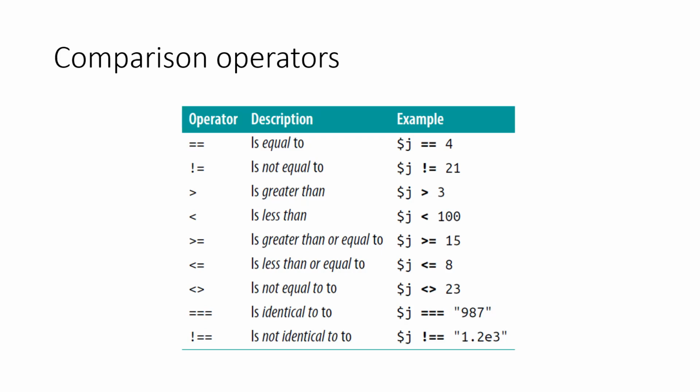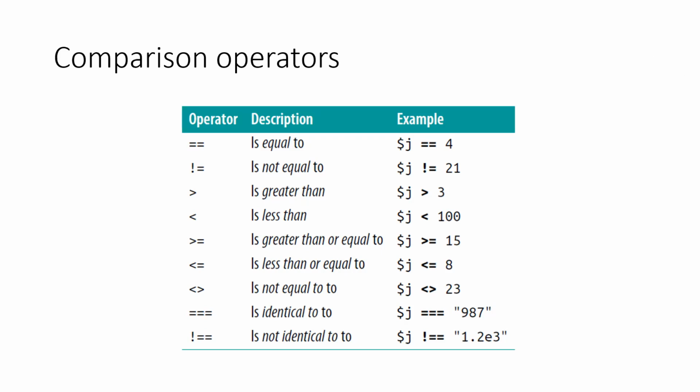So what should be the answer? In this particular case, when you check whether it is equal to 4, if it is true, we get the value of 1. If it is false, we will get 0.